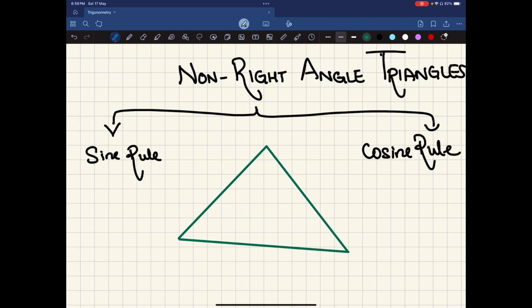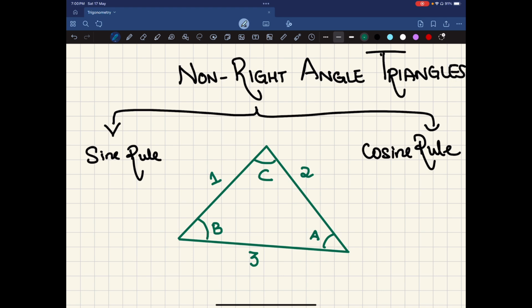Every triangle has three sides, side 1, side 2, and side 3, right? And every triangle has three angles. Let's label them as A, B, and C.